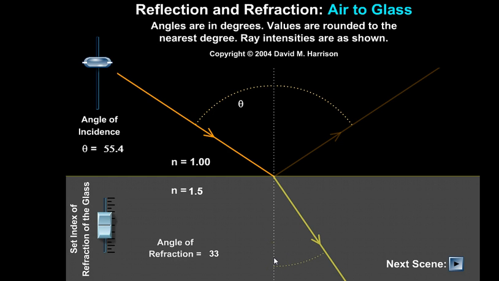Or you could also coin it as you move into a slower speed, as you go in from air into water or glass, the light's going to slow down, and that light beam, the refracted beam, will bend towards the normal.